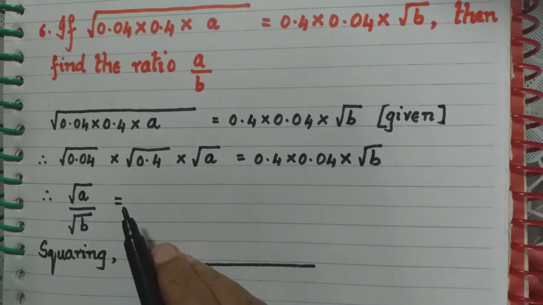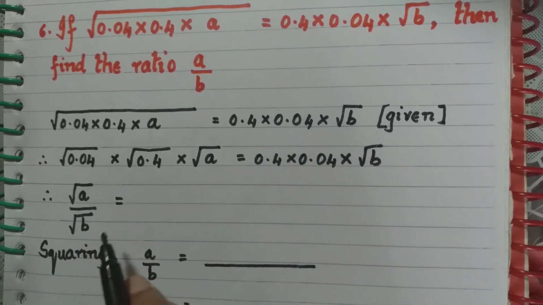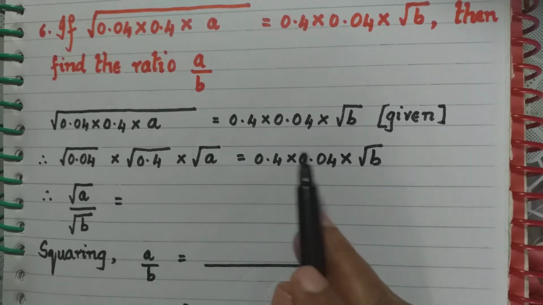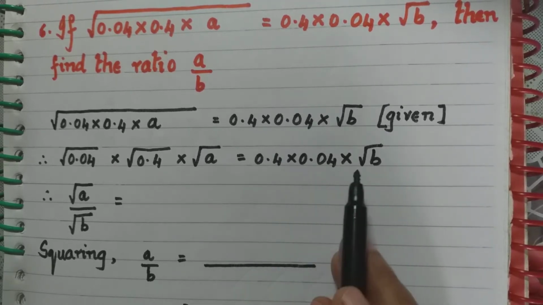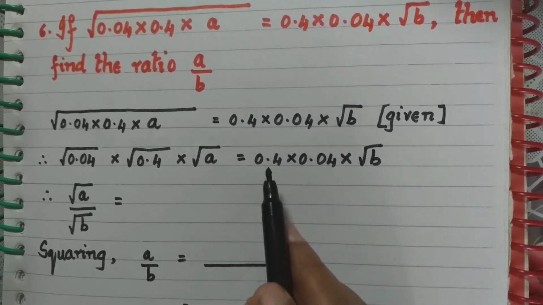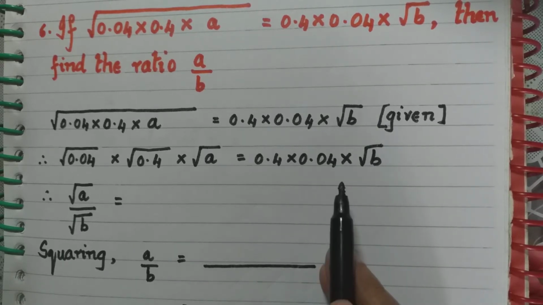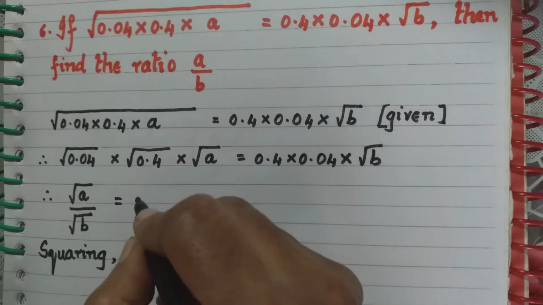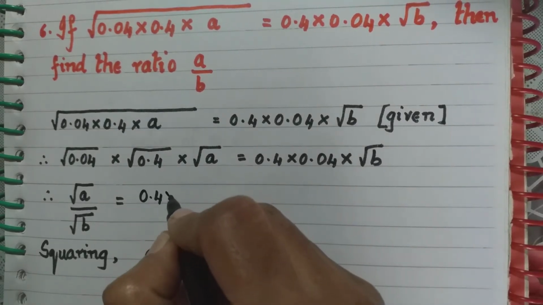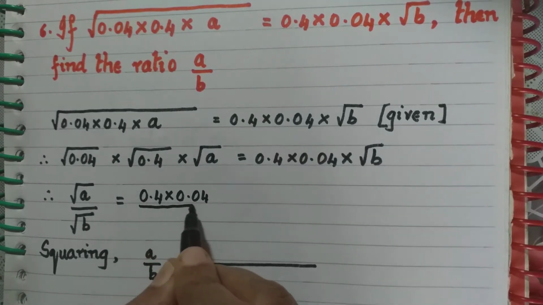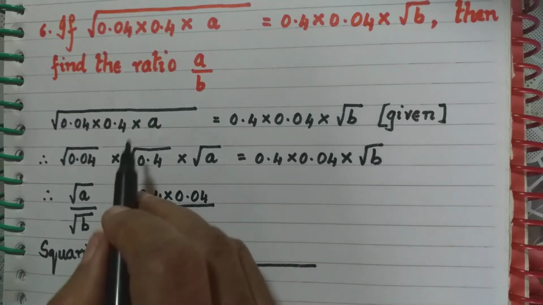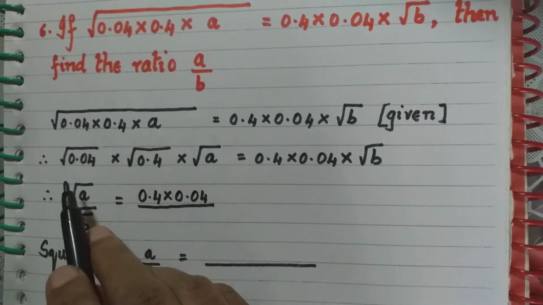So when I bring it on the right hand side, here it is multiplying. So here it will divide and be in the denominator. So I have square root a upon square root b is equal to. Now I have to see what will be left on the right hand side. First let me write what is already on the right hand side, the numerical part, that is 0.4 into 0.04. And on the left hand side, what is the numerical part?